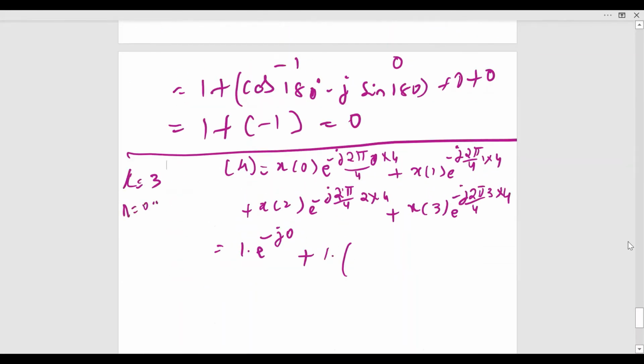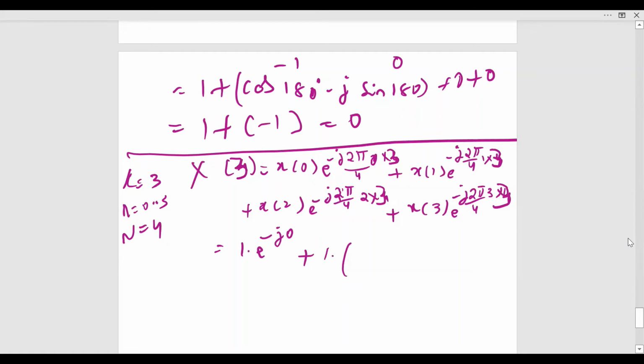Next, x of 3. N goes from 0 to 3, capital N is 4. So we get x of 3, obviously becomes 3 into 3, 3, and 3.